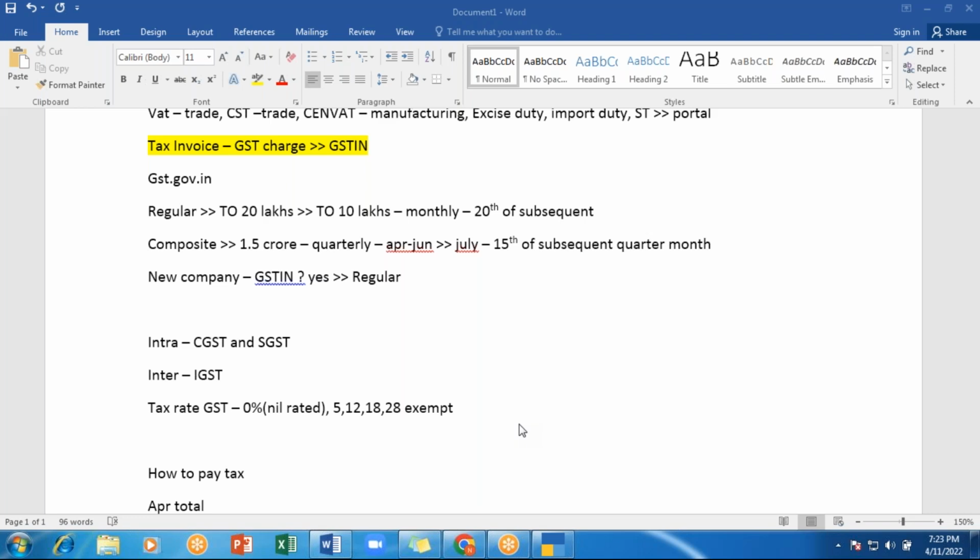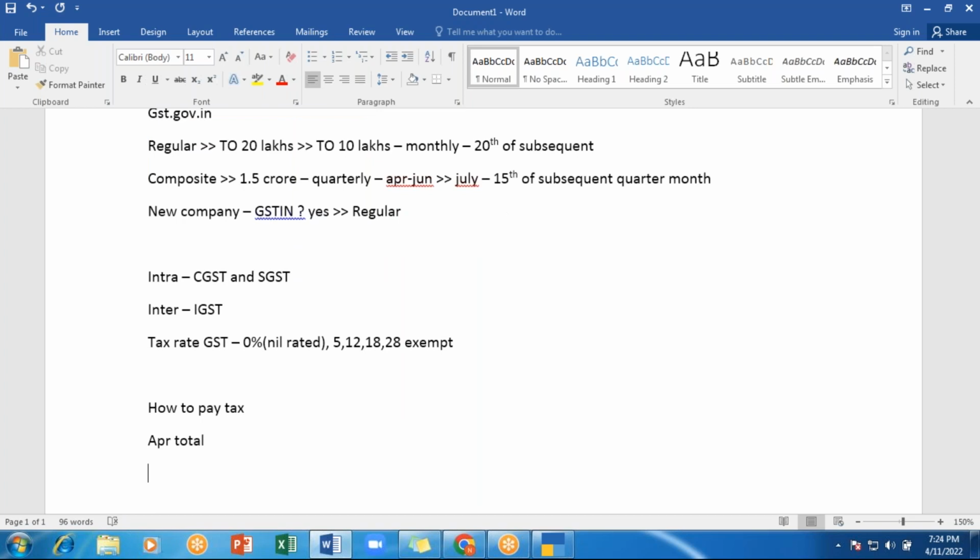Now, the total purchase is what I've made, and the total sales is what I've made. Depending upon that, I'll come to know how much tax I need to pay. Now, purchase means it is input. We call this input.